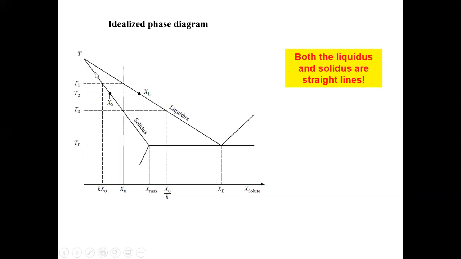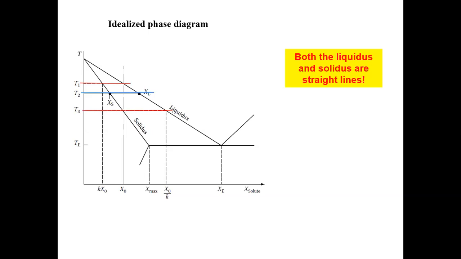Because this is a straight line, and this is a straight line, if I choose any different temperature and construct the tie line, for example this T2, I can get XS and XL. And I can construct different tie lines, for example at T3 and T1, and get the corresponding compositions for the liquid and solid.